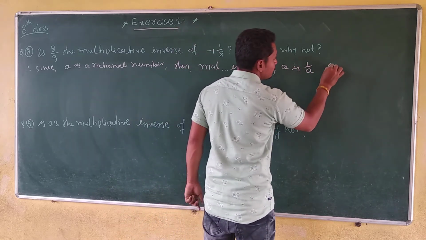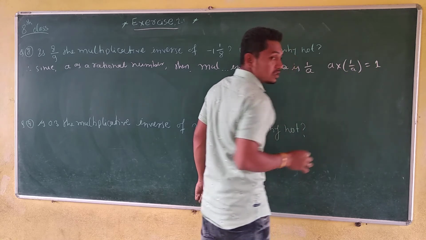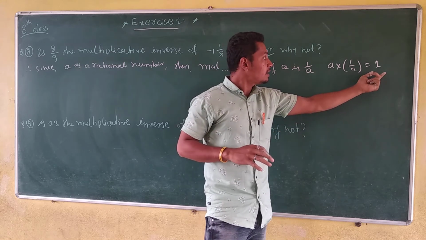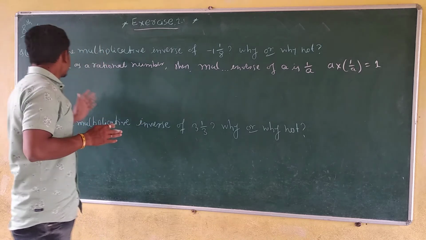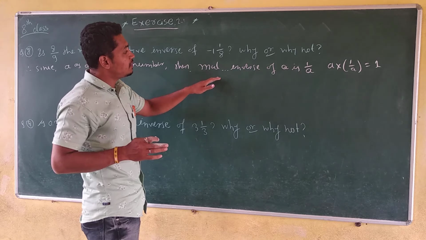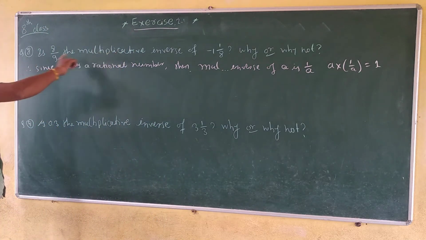Why? Because a into 1 divided by a is equal to 1. The product of these two numbers must be 1. So now let us check this number.